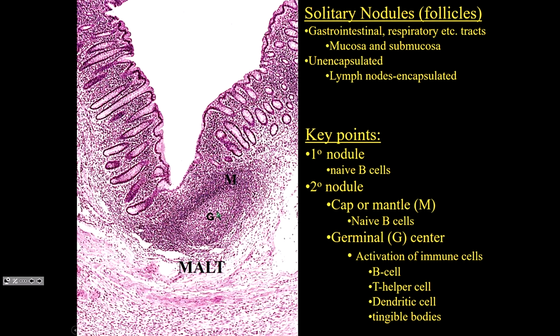So since you've got more cytoplasm, this germinal center stains lighter. So we would consider this a secondary nodule because we can see a mantle and a germinal center. If we didn't see a germinal center, if this whole thing was uniform in density, just like the mantle, then that's a primary nodule. That nodule hasn't been activated yet.